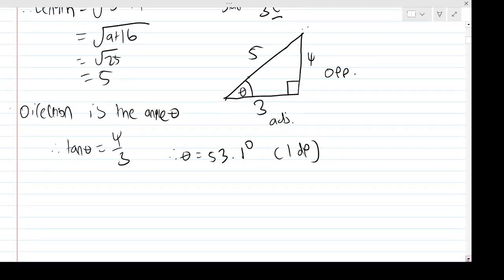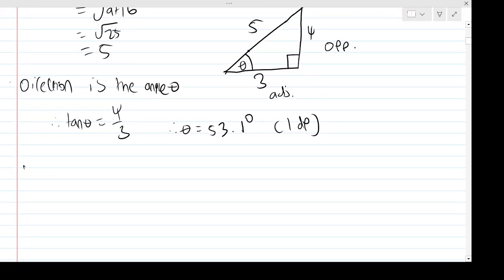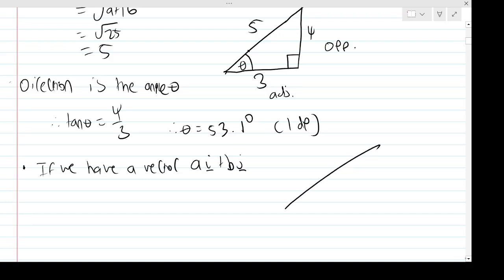So to summarize, if we have a general vector, say a vector ai plus bj, and I draw that diagram, with a similar triangle, firstly the x component is going to be the i part, so ai, and then upwards is going to be bj.